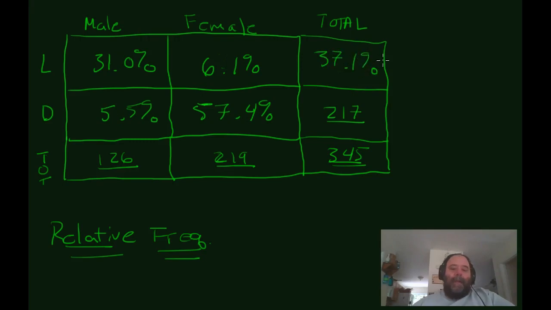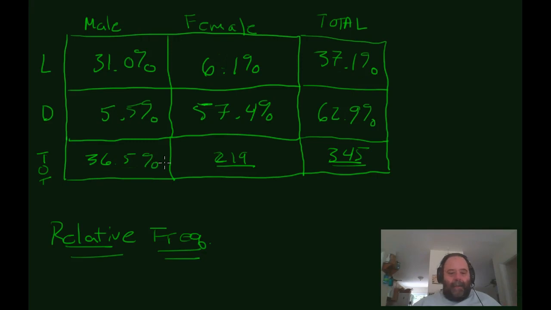So if I take that divided by the 345, I'm going to get 37.1%. If I take the 217 divided by the 345, I get, I think it's 62.9% when I look at my calculator there. When I take 126 and divide it by 345, I get 36.5%.